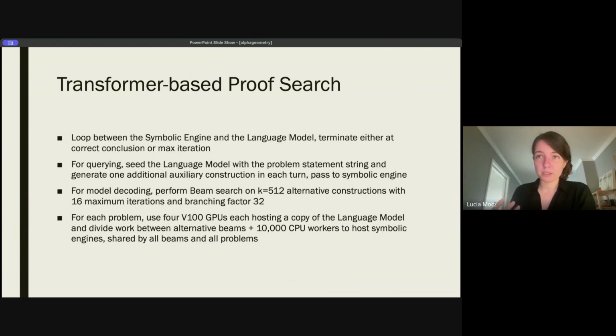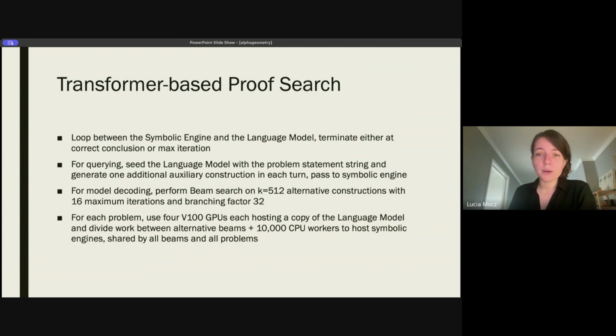Now, in order to make this perform really well, for model decoding, you don't just query for one answer at a time. As great as the training procedure is for AlphaGeometry for this transformer model, very often the first answer that you get, especially when you need it to be so precise, is not necessarily always the best answer.